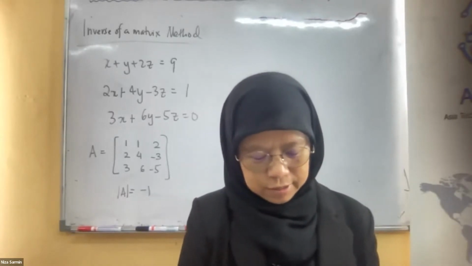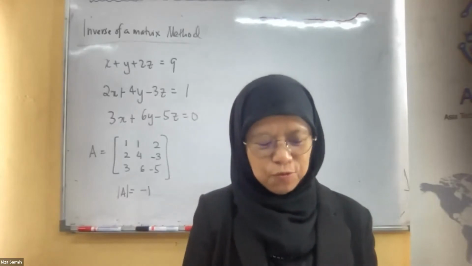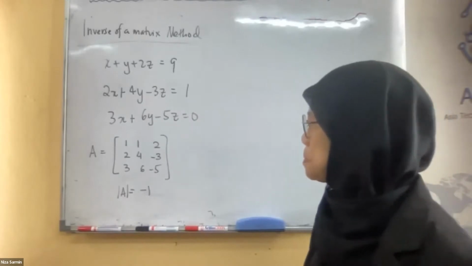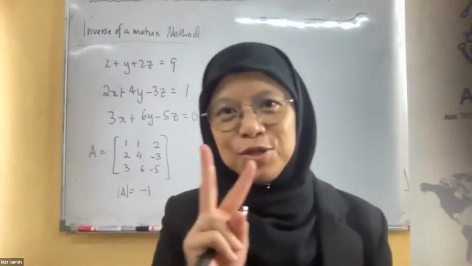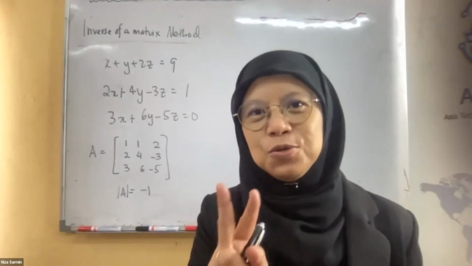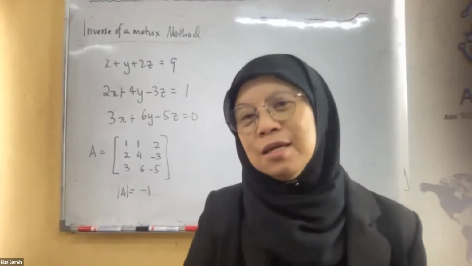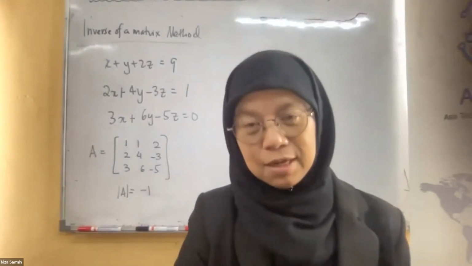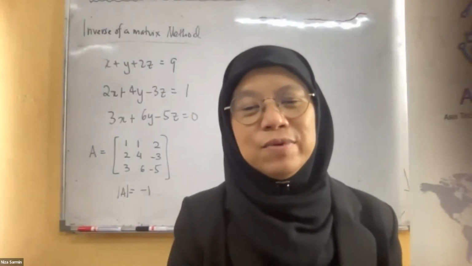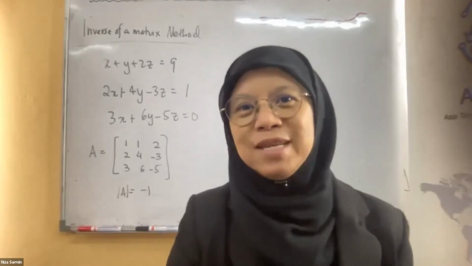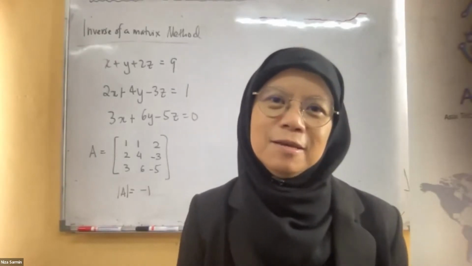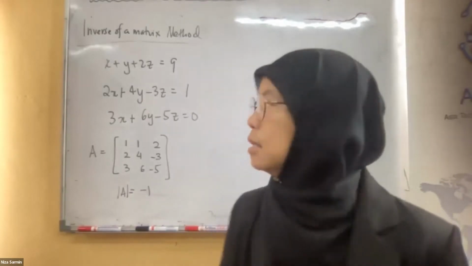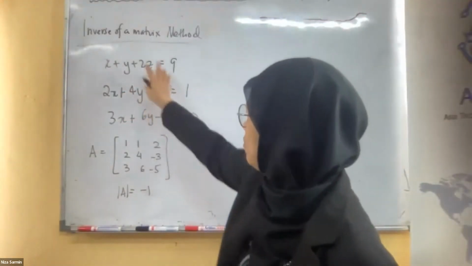Okay, now I understand. To find the inverse, there are two ways. You can find the inverse using the adjoint method, or you can find the inverse using elementary row operation. But the question can ask you like this: solve.